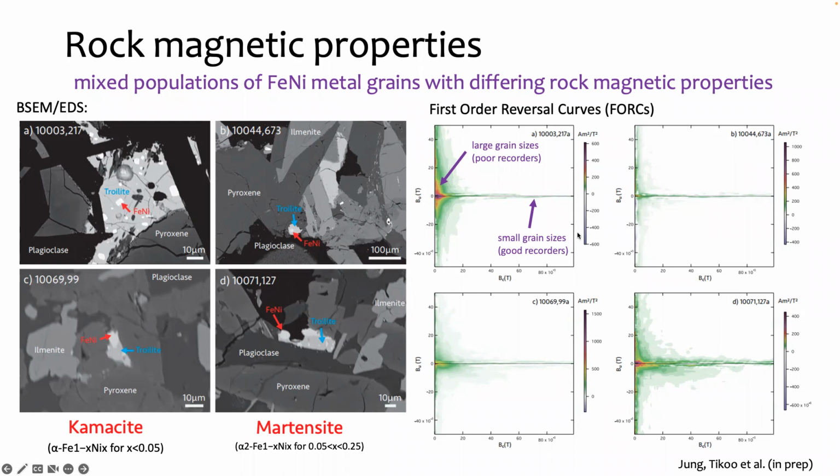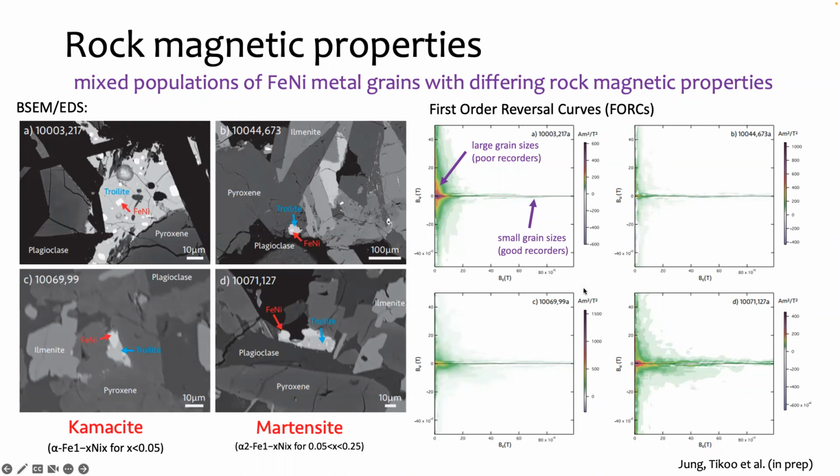I'm not going to get into the details of what the plot on the right means. It's a first-order reversal curve plot. What it tells you is that there are two populations of magnetic grains in the sample. There are some large isolated iron grains, which produce this signal that we see here. Those are poor recorders, but there are also these smaller, good magnetic grains, which are good recorders, that produce this central ridge along this plot.